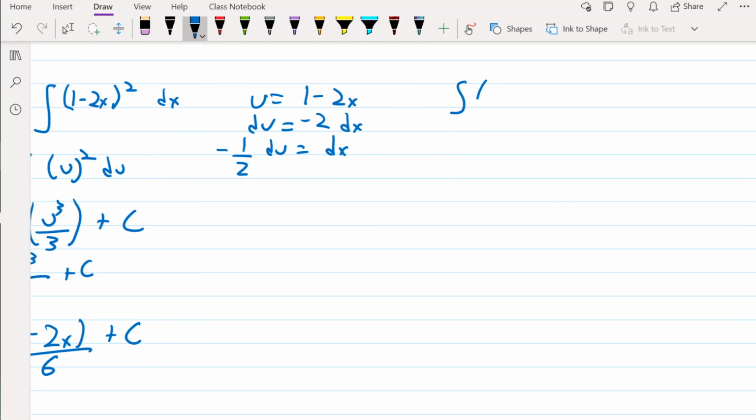We'll just do it again. The integral of 1 minus 2x to the 9th power dx. We use the same u substitution as nothing has changed. So that will be the integral of u to the 9th power times opposite 1 over 2 du. Of course, we can bring that opposite 1 over 2 into the front.